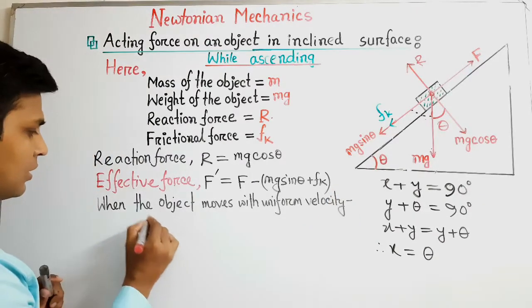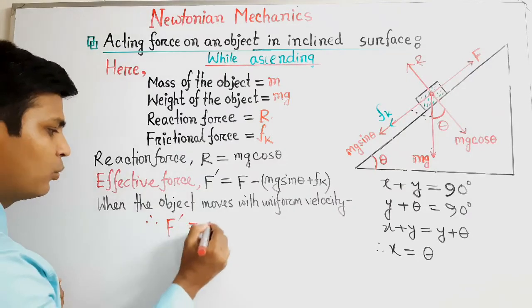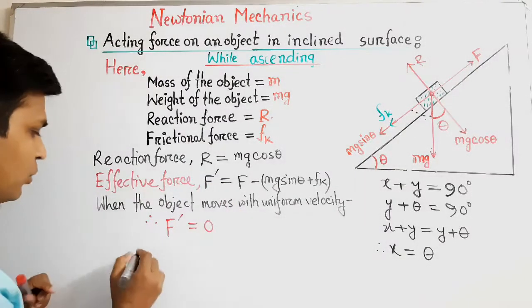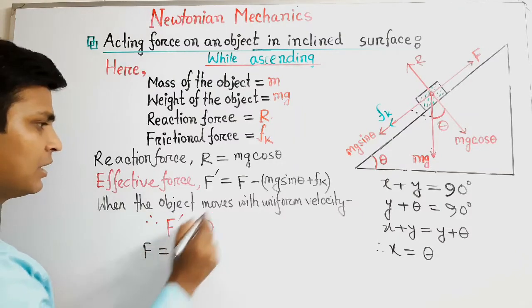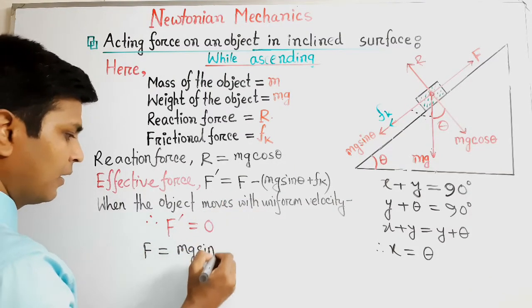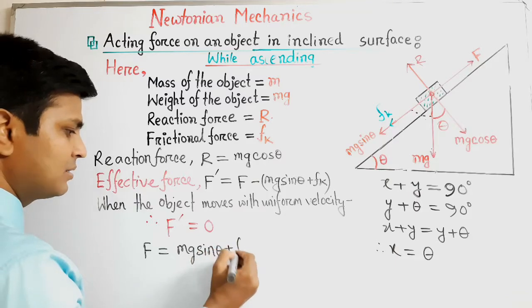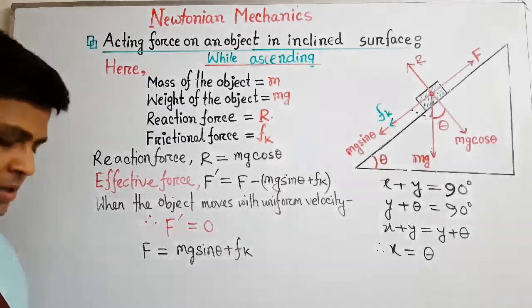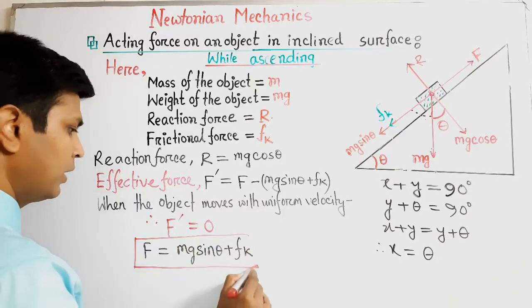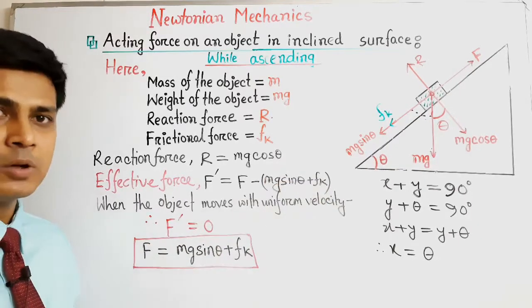So when the frictional force Fk is 0, in that time the formula of the applied force will be F equals mg sin theta plus Fk. So this is the formula when the object moves with uniform velocity.